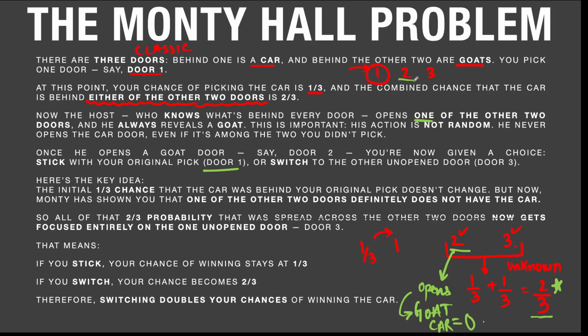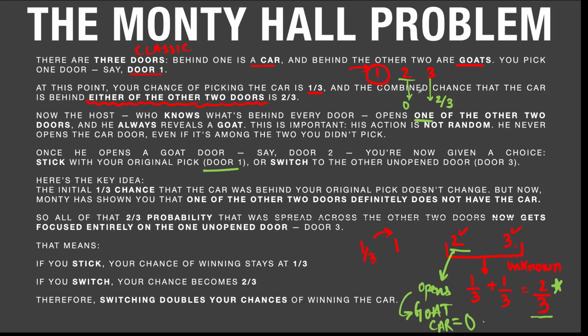If in door number 2 the probability of finding a car is 0 and the combined probability is 2 by 3, then the probability of finding a car in door number 3 changes to 2 by 3.